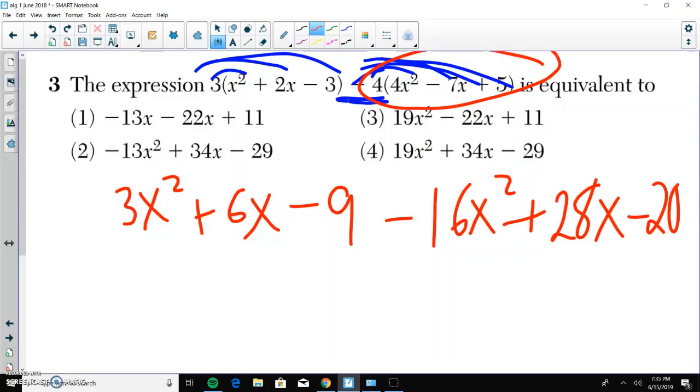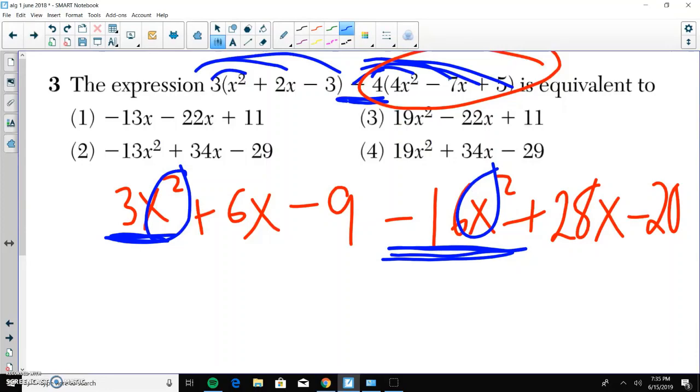Okay. Now you're going to combine the like terms. So you're going to combine the negative 16x squared and 3x squared because they both have the x squared on them.